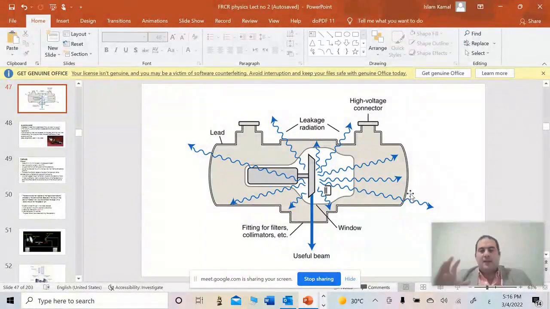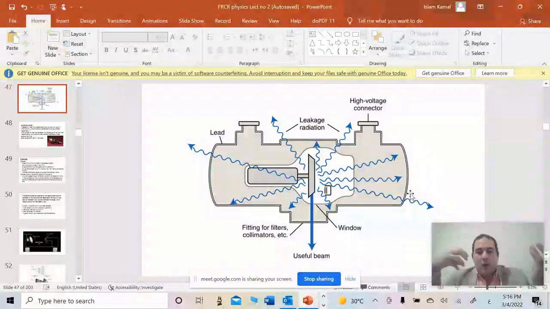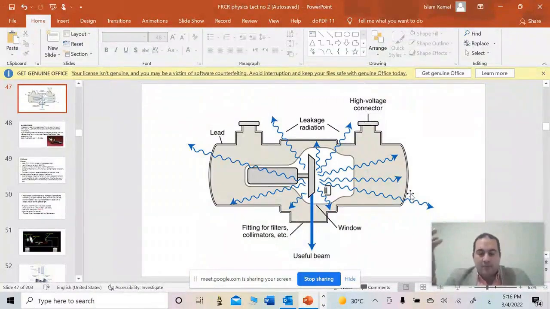All right. So to summarize what I just said, I have a filament and an anode, or the cathode and the anode. The filament carries a current, which I refer to as filament current. The voltage that drives the electrons within the filament itself is called filament voltage.